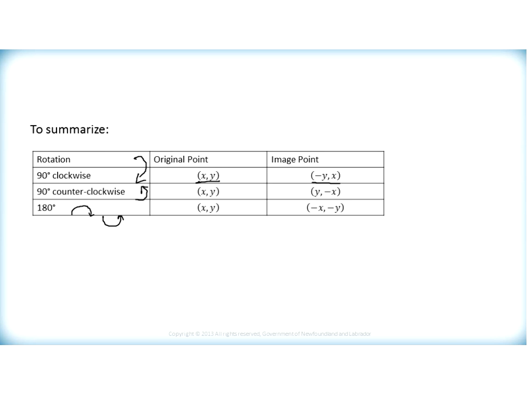So if my original point is (x, y), my image point is going to be the negative of what I had originally. So it's going to be (-x, -y). The x and the y's do not change places this time, but they just become negatives of whatever we had before.